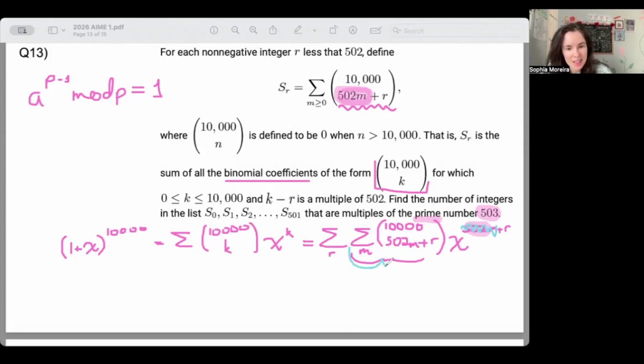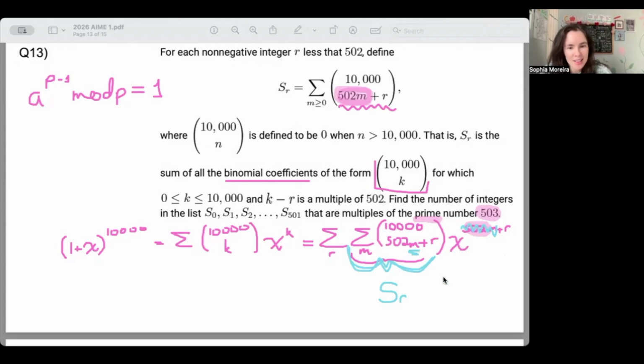Therefore, this summation right here, for all the different possible m values, we have the same x to the power of r term. Therefore, this whole summation, all going to the same x to the r term, is simply our S sub r.